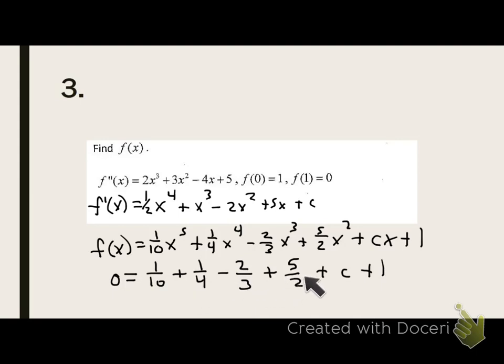Okay, I'm going to take 5/2 plus 1, which is 3.5. See how I did that? So 2.5 plus 1 is 3.5. Now I have 3.5, a 1/10, a 1/4, and negative 2/3 still.